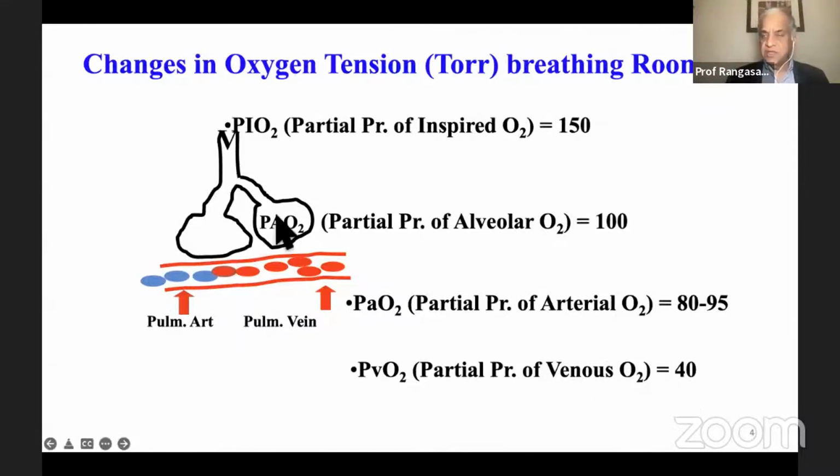So it picks up the oxygen, and by the time it gets to the arterial side, the PaO2, small a, partial pressure of oxygen in the arterial blood, is about 80 to 95. So the AA gradient, uppercase A PO2 minus small a PO2, is usually about 5 to 20. In very healthy babies, it's 5, but most of the babies have 10 to 20 difference because of the physiological shunting, and that's the main reason, and dead space.